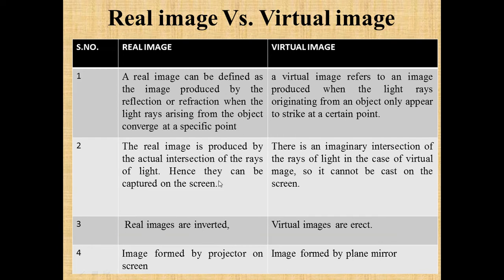That is why it can be captured on the screen. Whereas a virtual image is the imaginary intersection of rays of light, and it cannot be cast on the screen. Real images are inverted, that is they are formed below the principal axis, and virtual images are erect, that is they are formed above the principal axis.